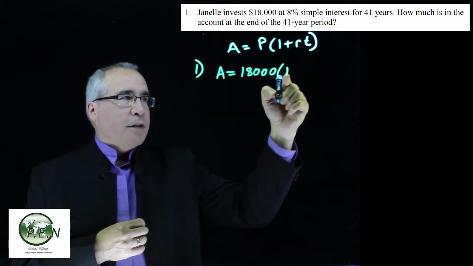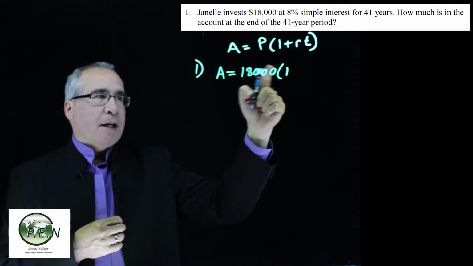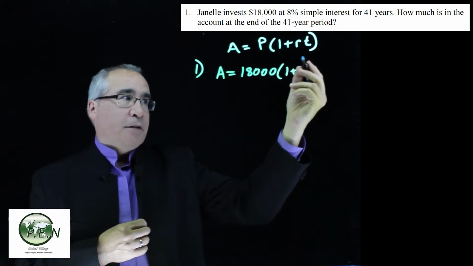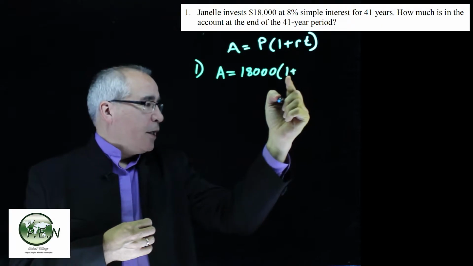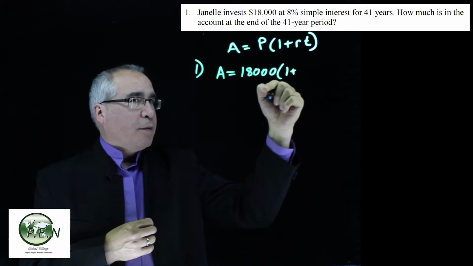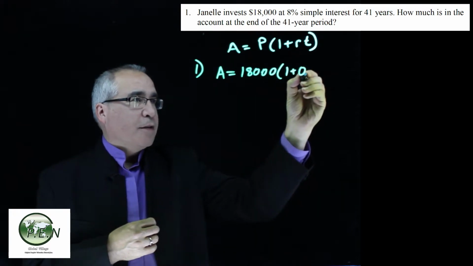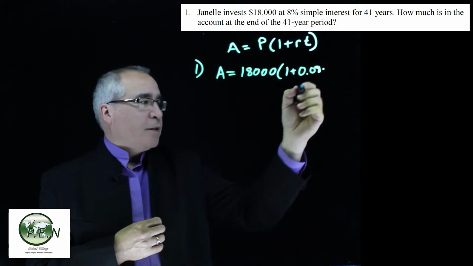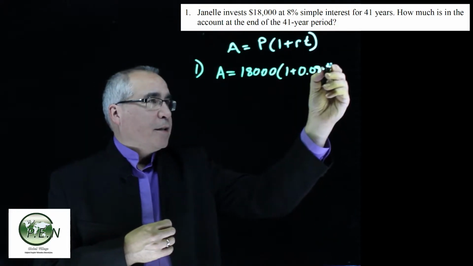We have 1, which is the 100% she will get back. She'll get back all her money, plus this term here will be the interest, which is 8%. We want to write it as a decimal, so 8% is 0.08 times the number of years, 41.